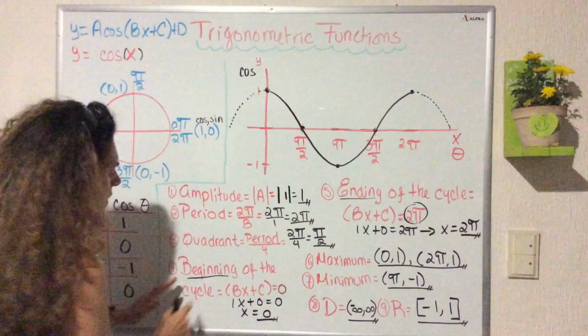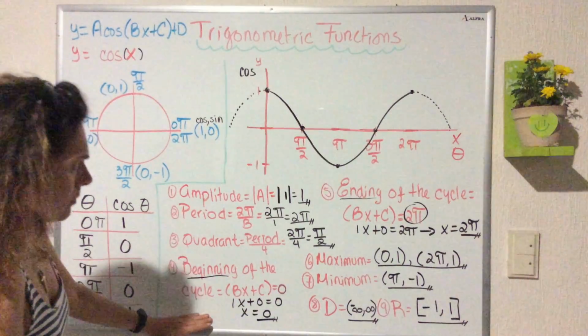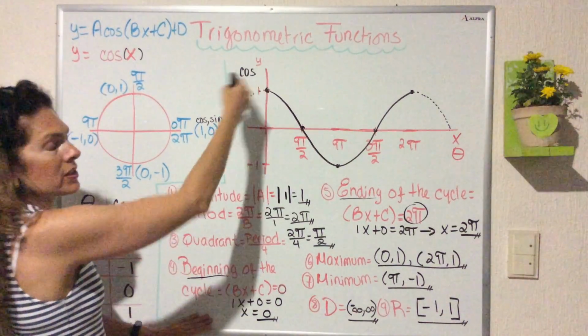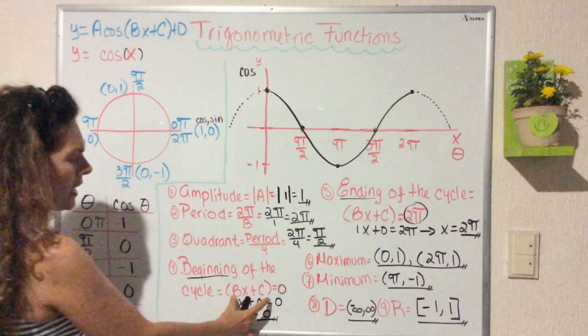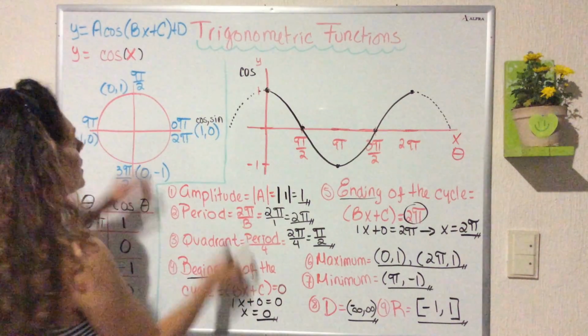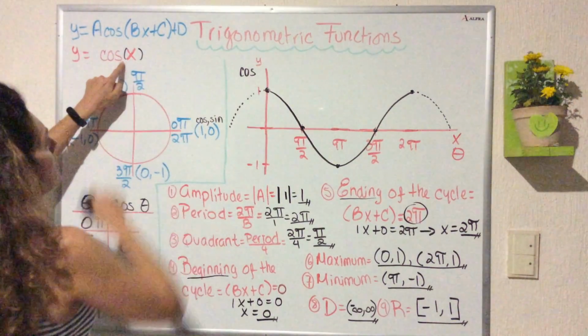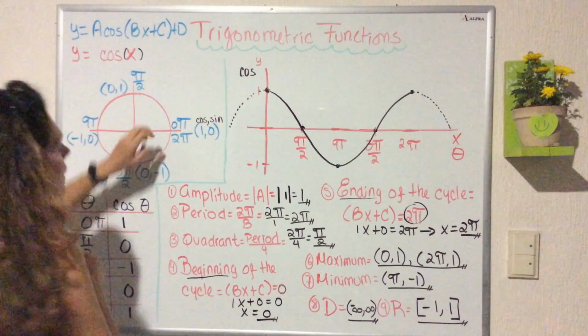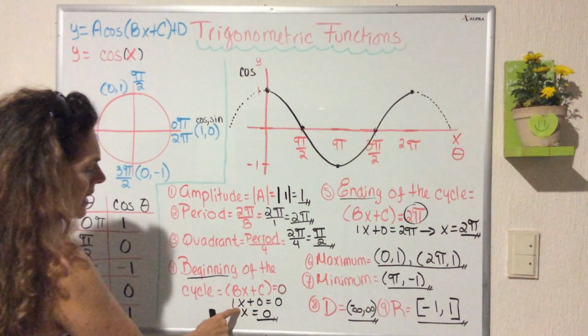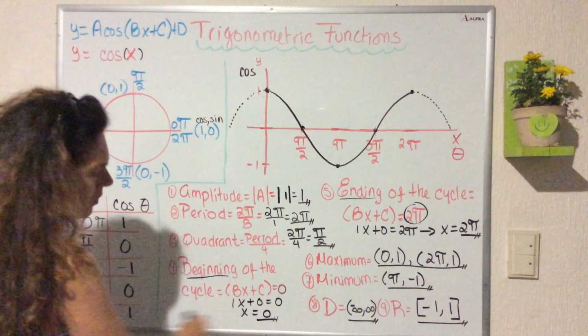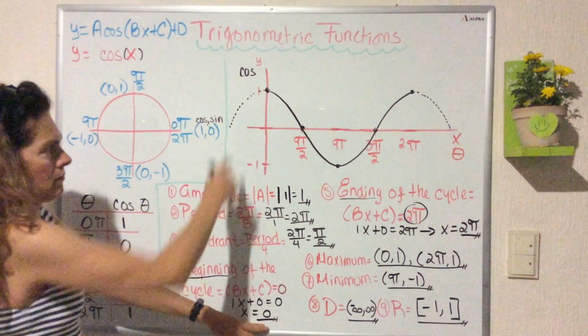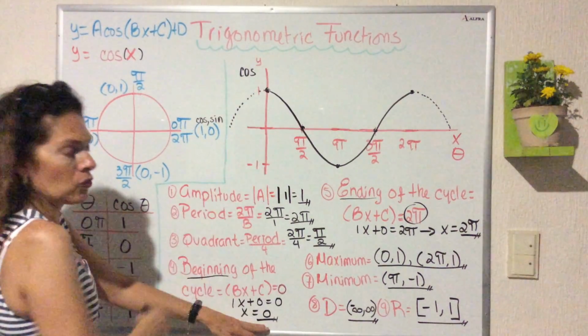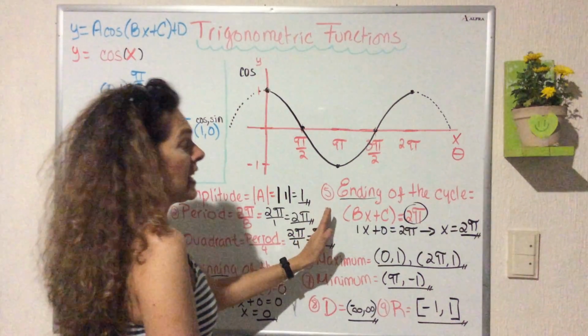Okay? Then the beginning of the cycle, where the cycle is going to begin. So you take the bx plus c that you have here. In this case, we just have the x. And we equalize x equals 0. And so we know now that the cycle is going to begin at 0. And then the ending.